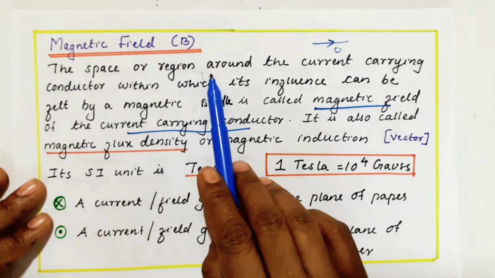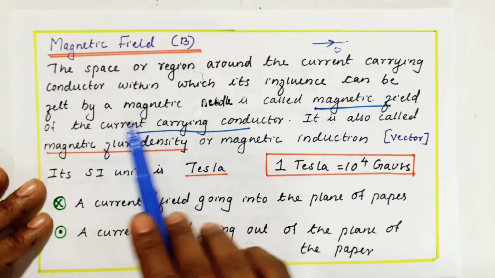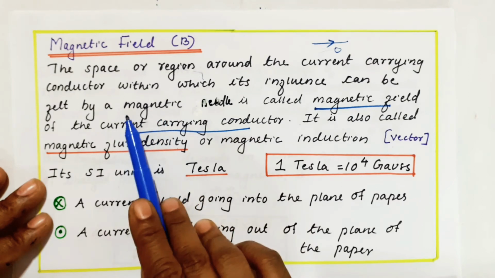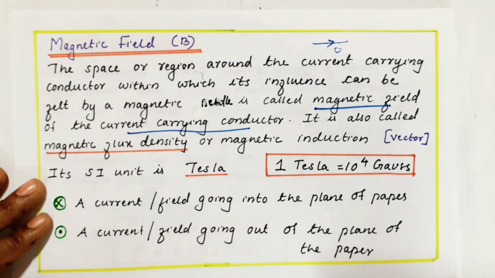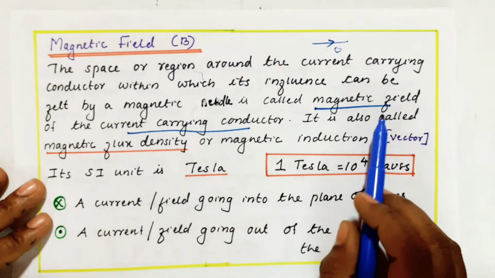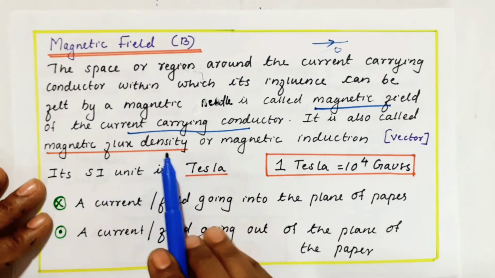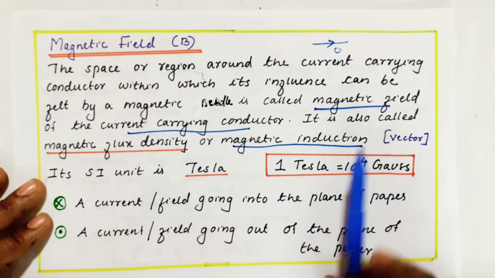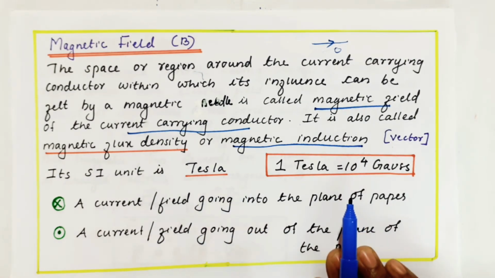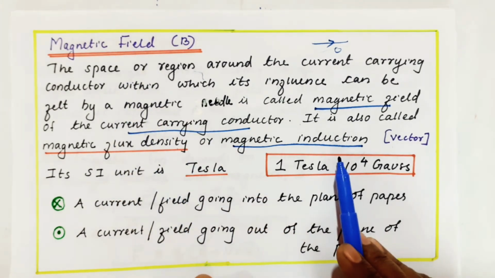The space or region around a current carrying conductor within which its influence can be felt by a magnetic needle, that region we call the magnetic field. It is also called magnetic flux density, or another name is magnetic induction. So there are three names: magnetic field, magnetic flux density, and magnetic induction.